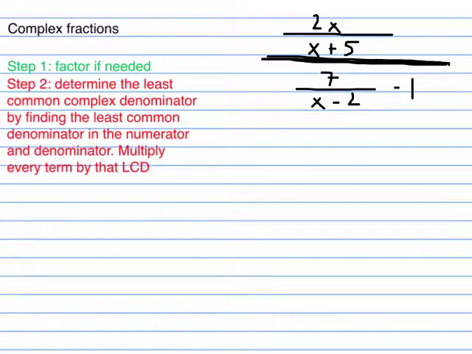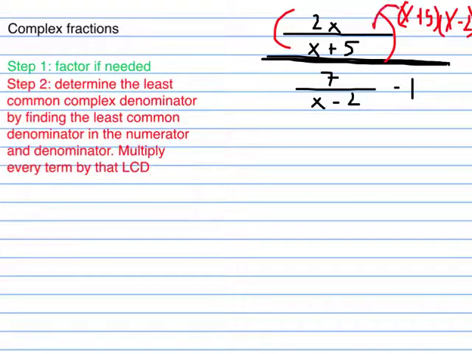So in this case, my LCD is x plus 5 times x minus 2. I'm going to go through and multiply every single term by x plus 5 times x minus 2.